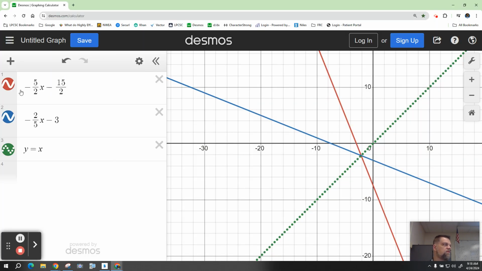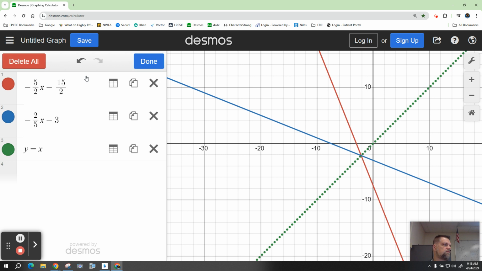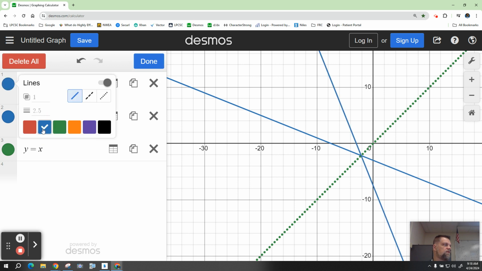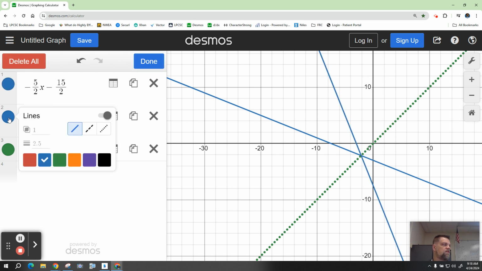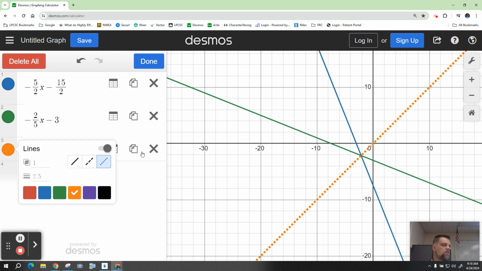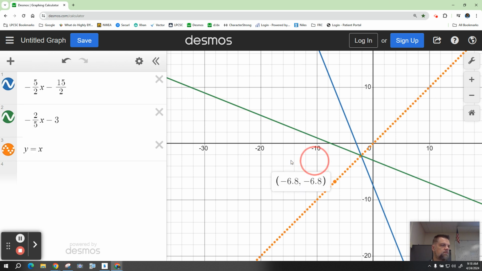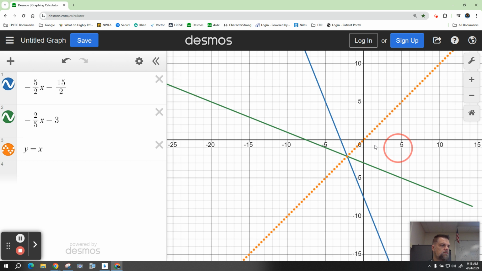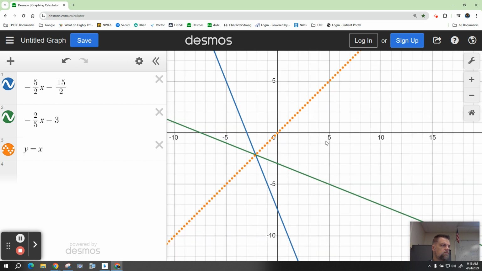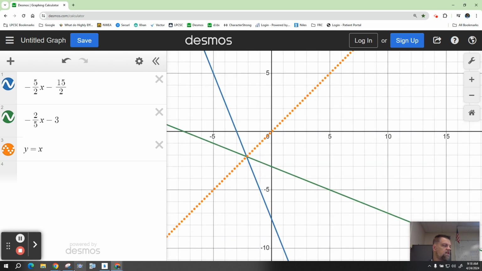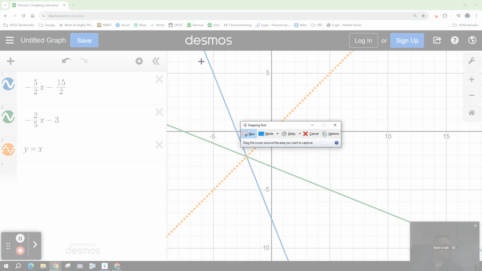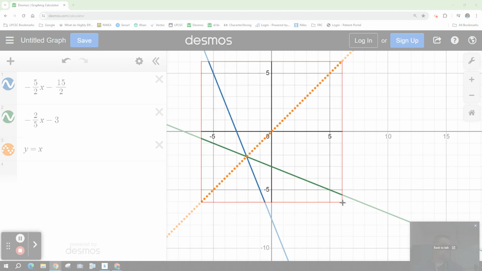I think f of x was blue, this was green, and we'll make this one orange. Let me take a new screenshot, because I'm sure somebody will be frustrated about that.